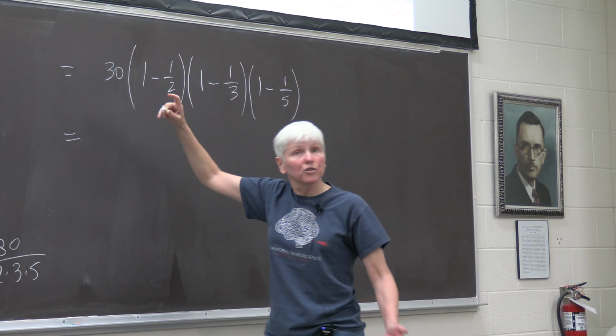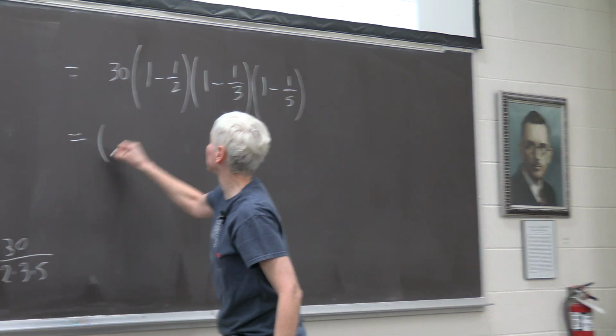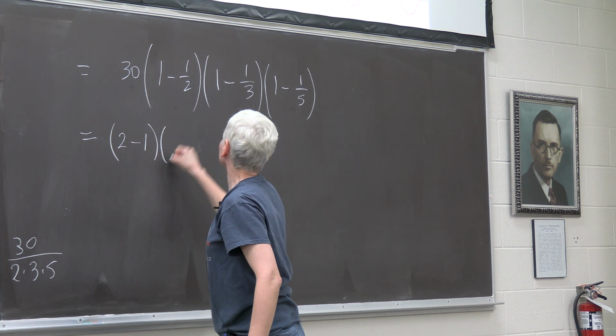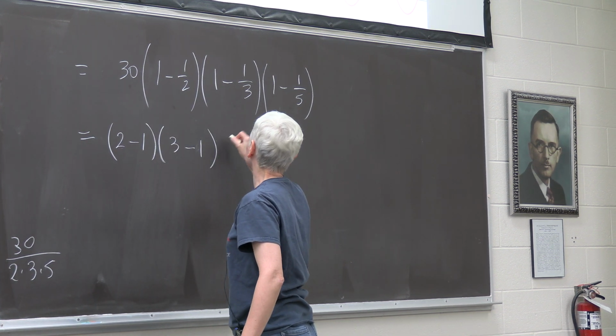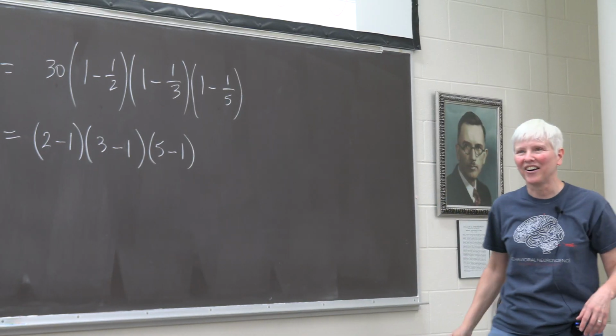Now, 30 is 2 times 3 times 5. I'll put the 2 here, the 3 here, and the 5 here. Does anybody see a conjecture in the air?